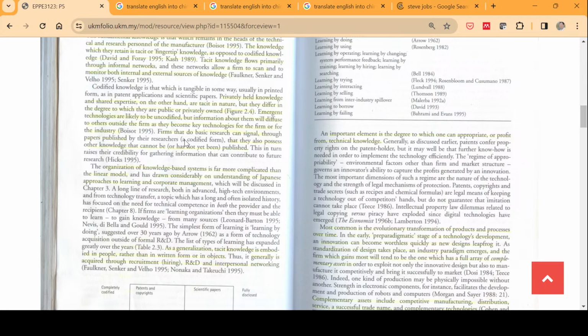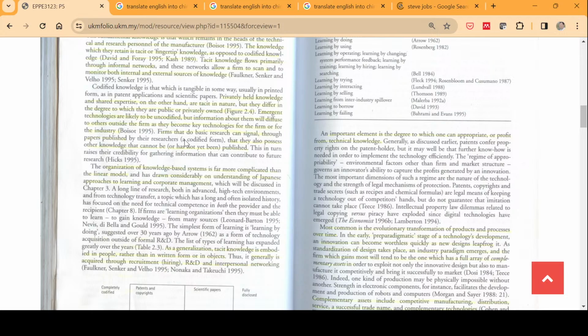You can refer to the applications and so on. And with patents and copyrights, you can use the technology by paying the license, the royalty. So it is completely codified.